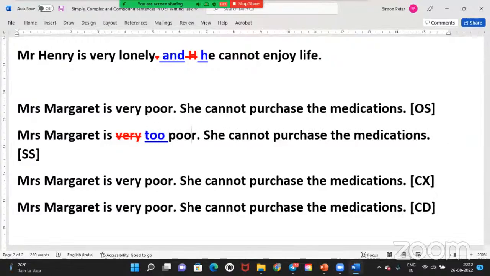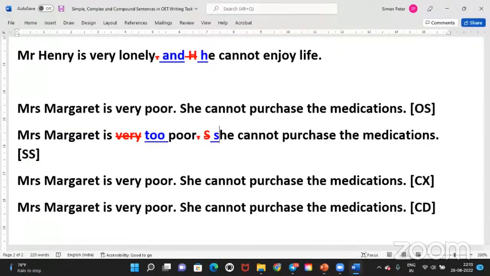There won't be a full stop, so remove it. Then I should remove this capital letter and put a small letter, no? Yeah, okay, I put a small letter.